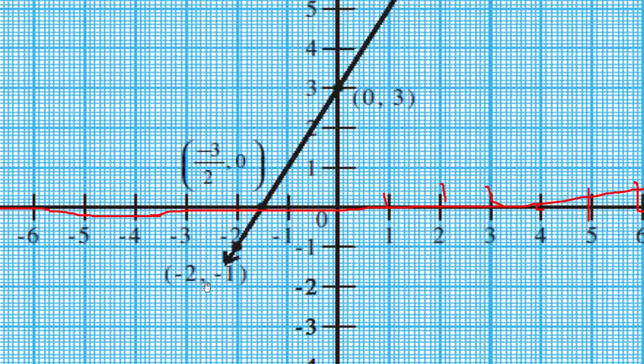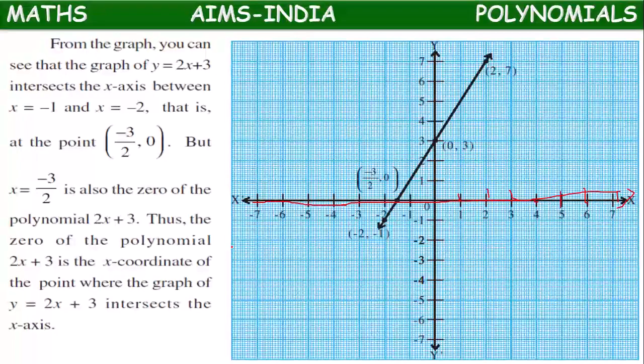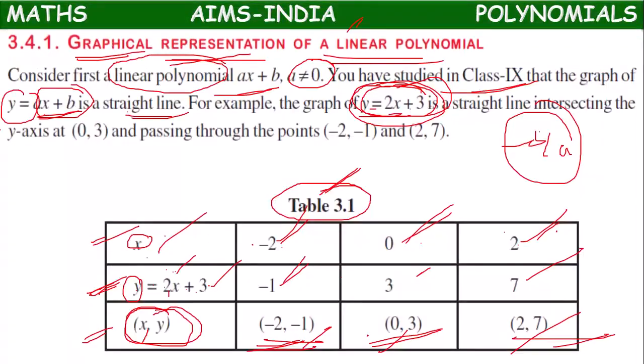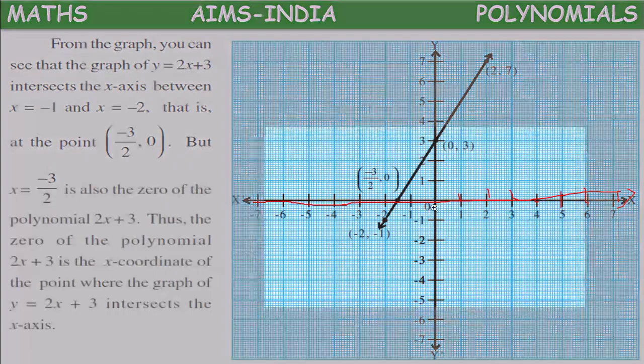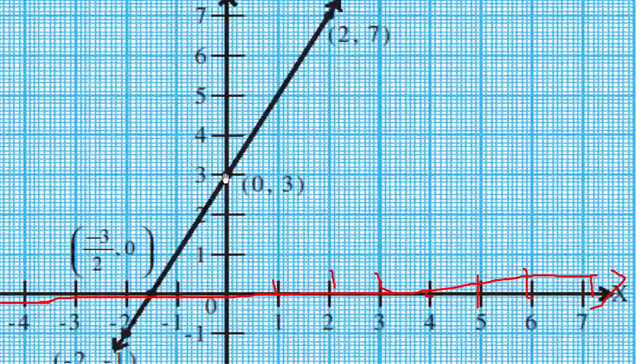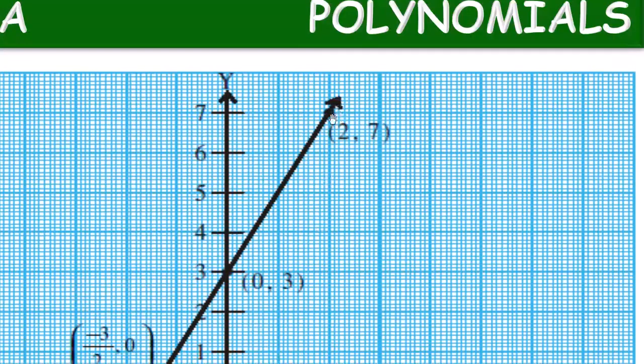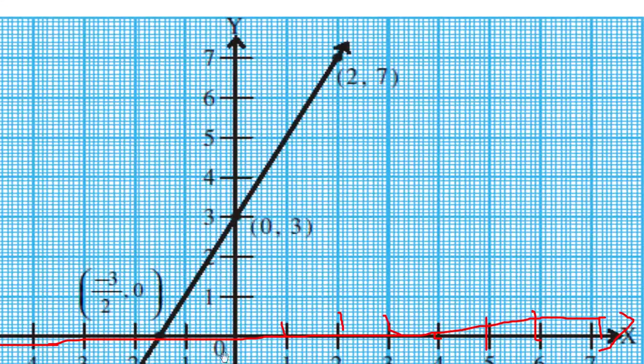Now what is the first coordinate? Minus 2, minus 1, which means x value minus 2, y value minus 1. Here, this point is the first point, minus 2, minus 1. The second point is 0, 3, which means x value 0, y value 3.